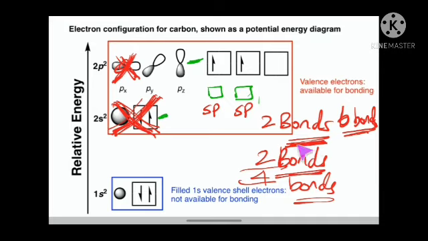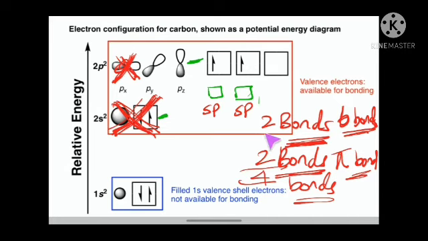And these other bonds will be pi bonds. Pi bonds are only created when you use unhybridized orbitals. Otherwise you cannot create any pi bonds. Based on this information, this carbon has 2 sigma bonds and 2 pi bonds.